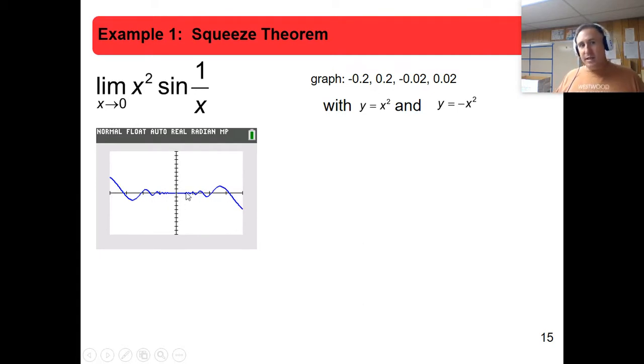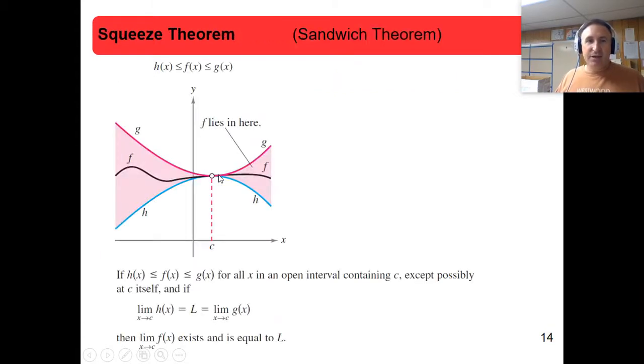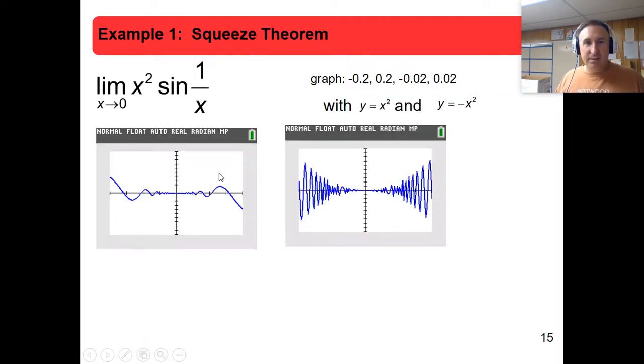So we don't know what's going to happen when we get close to zero. If I look at the function between negative 0.02 and 0.02, look at that oscillation. That's something that we know causes problems with limits. But it seems to be not oscillating as we approach zero. But there's a lot of oscillation here.